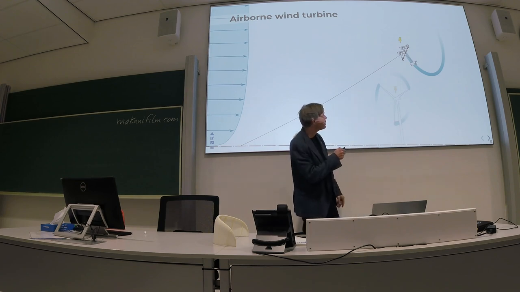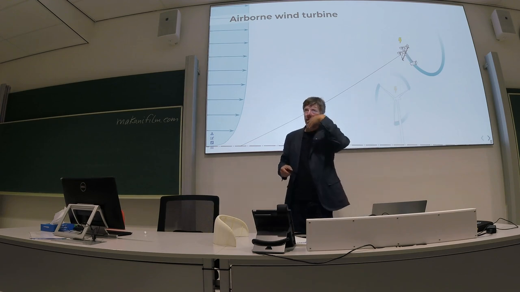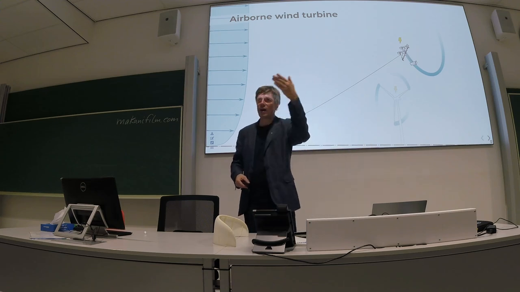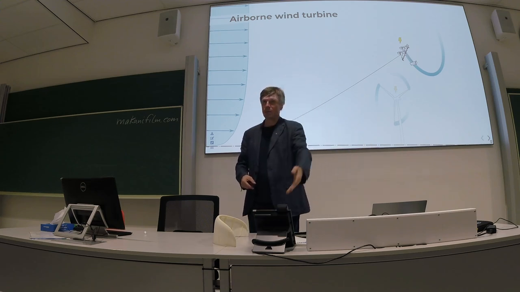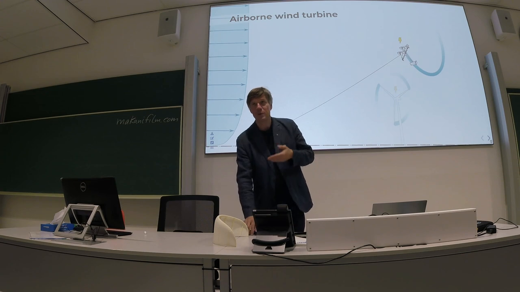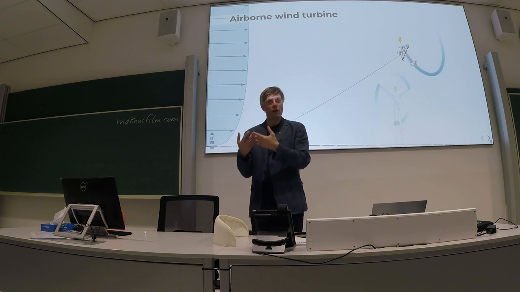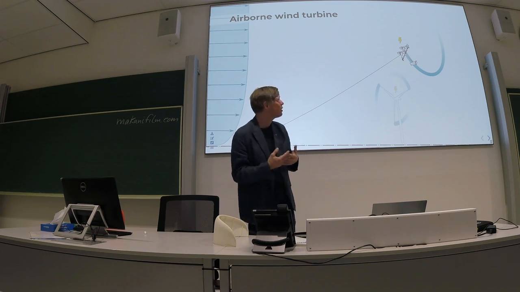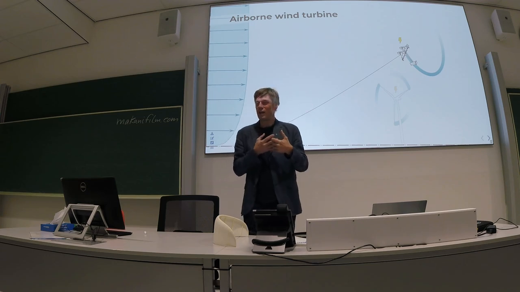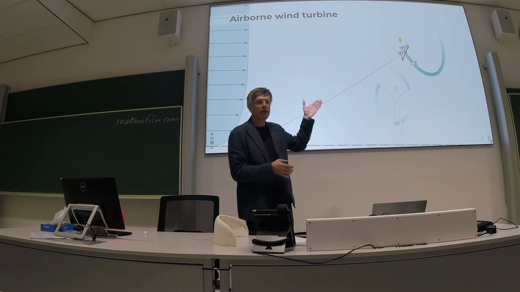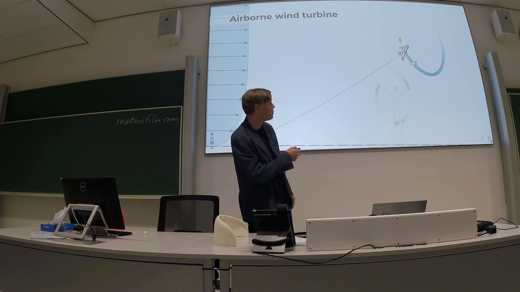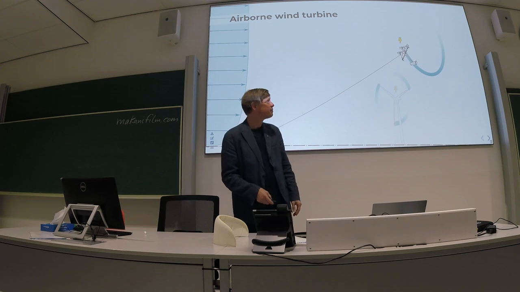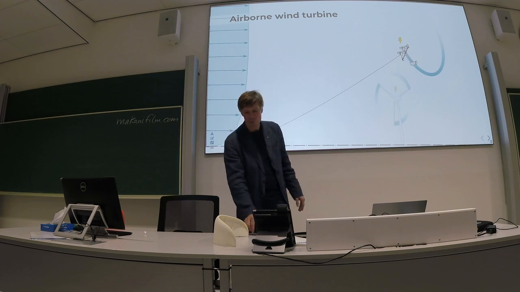So actually we use the wing in this setup to create a high flight speed, and that high flight speed creates a high relative airflow acting on the kite, and that high relative airflow can then be harvested with these small wind turbines. That's why we call it airborne wind turbine.